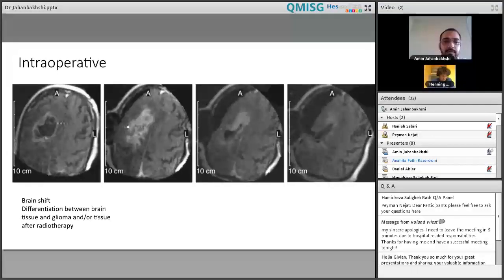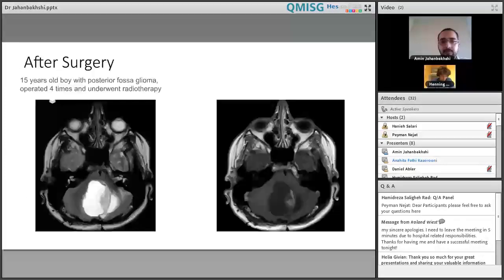And sometimes we have cases that have had radiotherapy before the operation. In those cases, this differentiation becomes even more difficult. For example, this case is a 15-year-old boy. I operated on him today. He had an operation for posterior fossa glioma, and he had some recurrences.